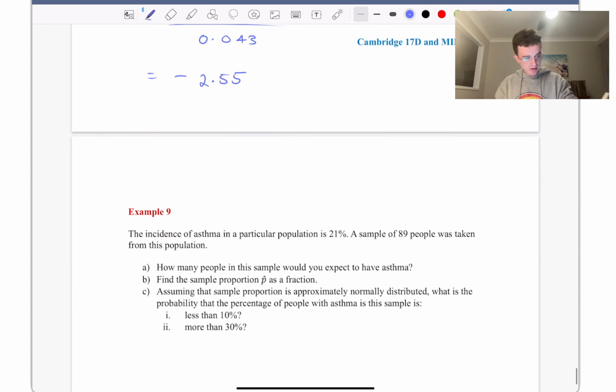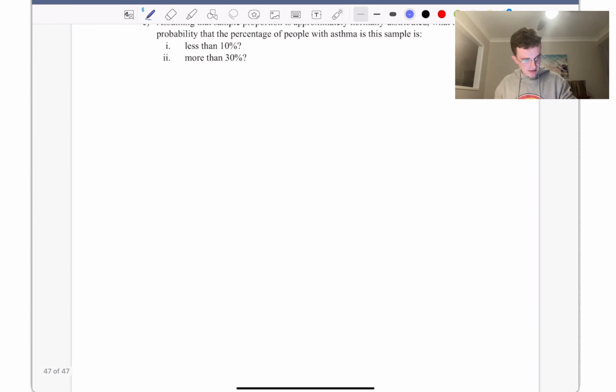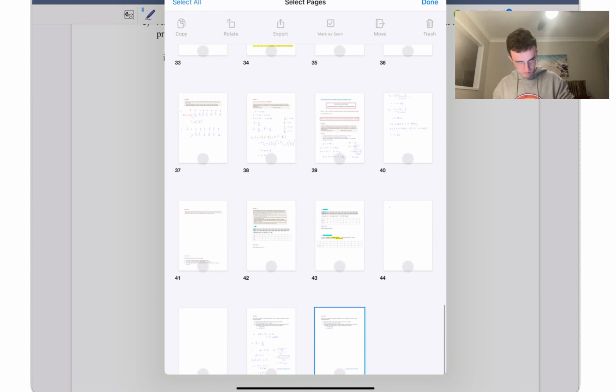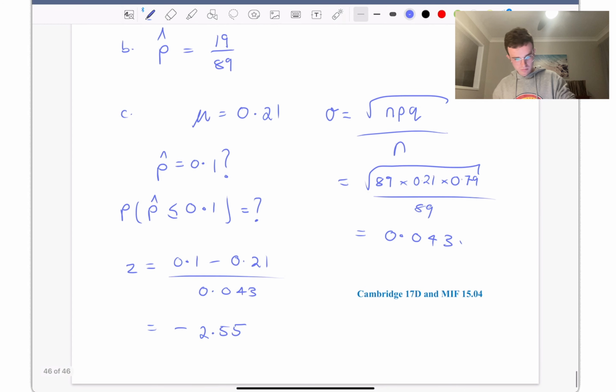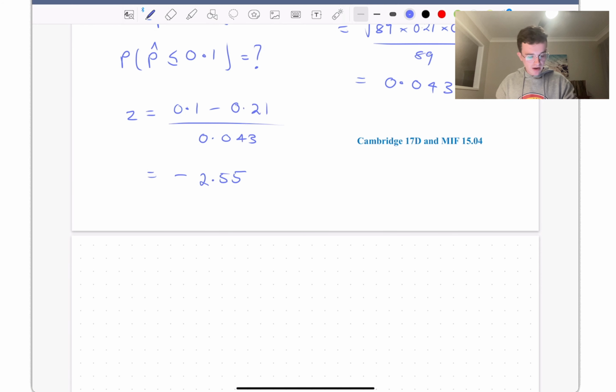Ooh, let me fix that. So we know that the z-score is minus 2.55. We want to know the probability that z is less than minus 2.55.